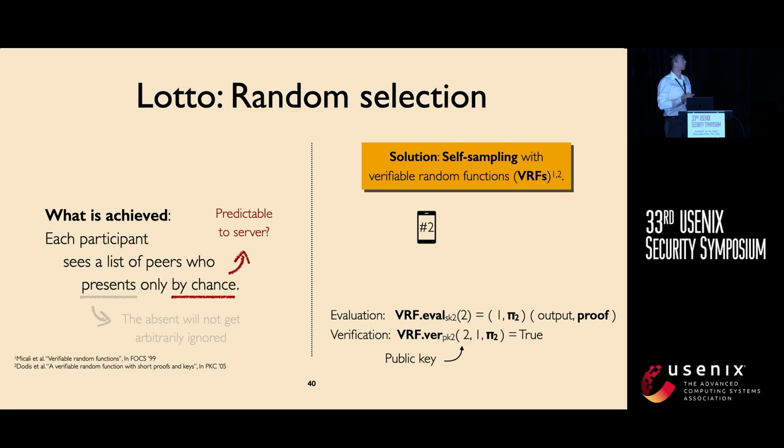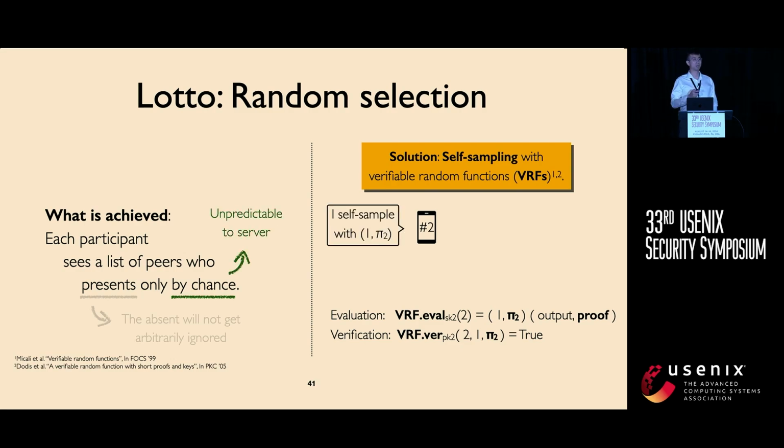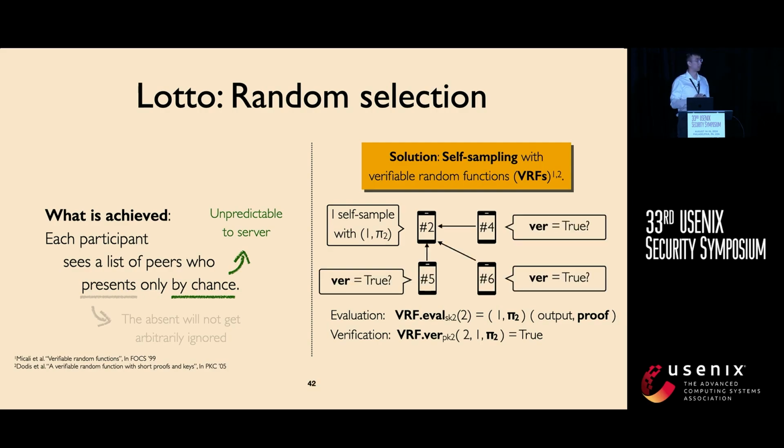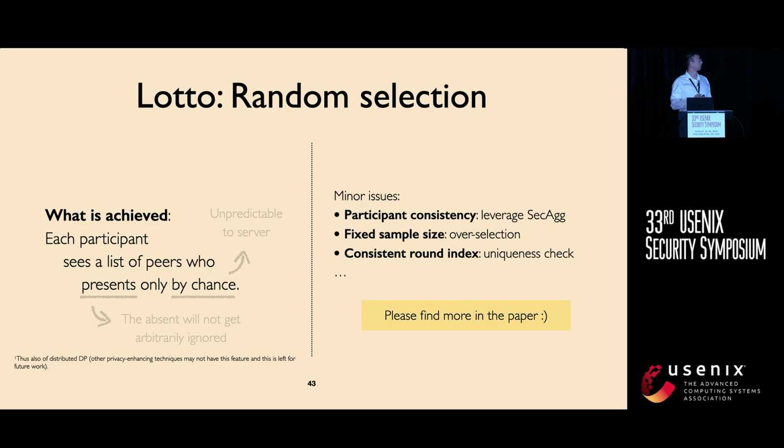This way, we let each client self-sample itself using its secret key. This process will be no longer predictable for the server, but still verifiable for other participants. So this is how we deal with the second challenge. Actually, we have also dealt with some minor issues for making it more practical.